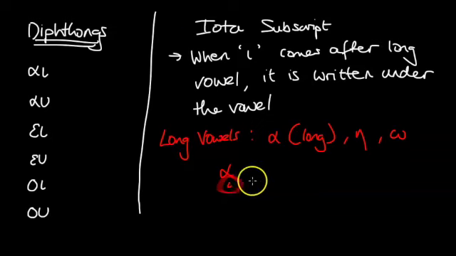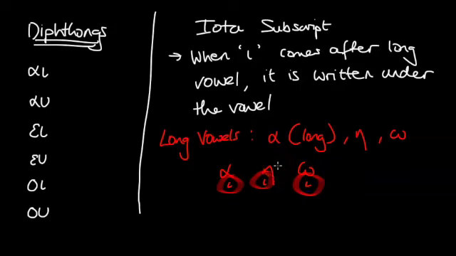I'll just write the next few. So eta, and then here's the iota subscript underneath there, and finally omega. I'll just highlight these. Again, here's the iota subscript, and finally here's the iota subscript.